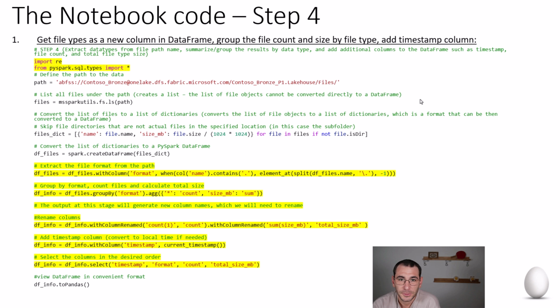All right, so for step 4, we're doing a little bit of a jump. What we have to do is get the file types, sorry, there's a typo here, but this is supposed to say file types, and save it as a new column to the data frame. Then group by file types, get the file count by file type and the size by file type.